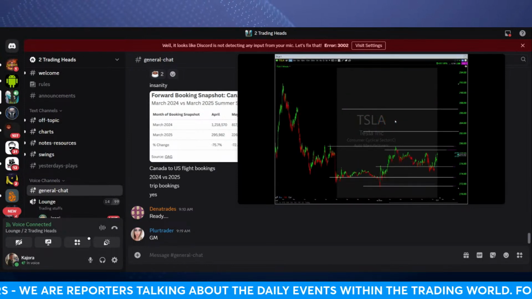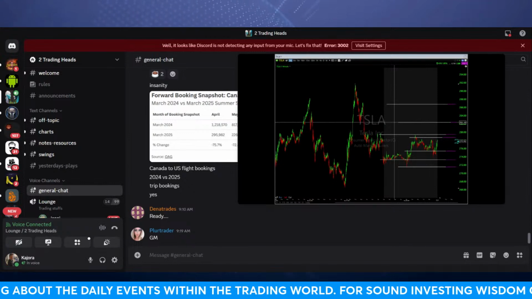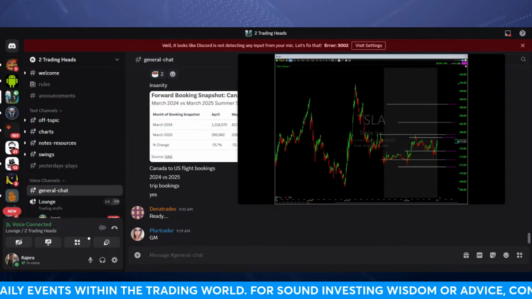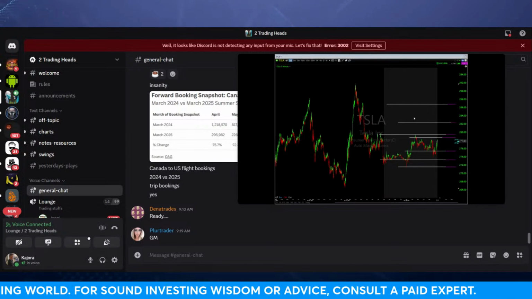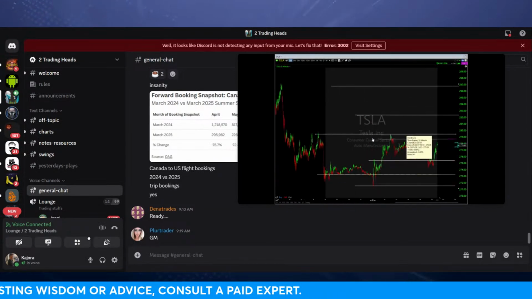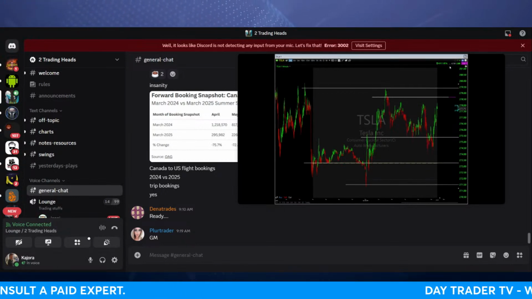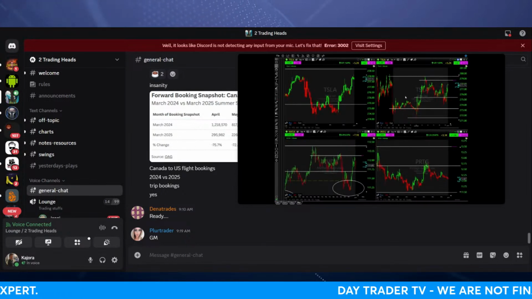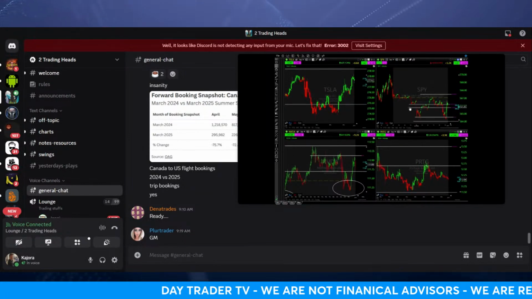The next resistance after that would be all the way up here at 282.38 and the 286.75 areas. So you want to see if you can push through on Tesla. Right now you're just playing ping pong.